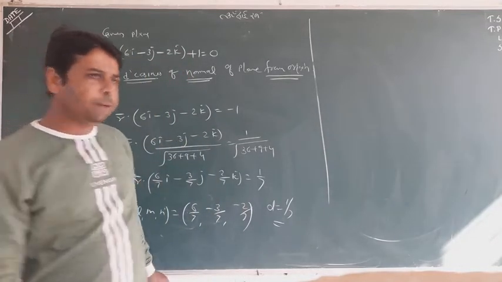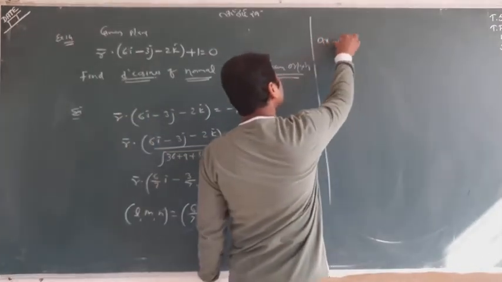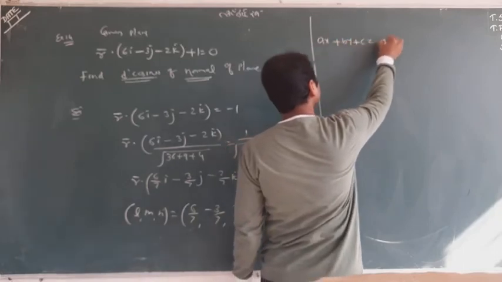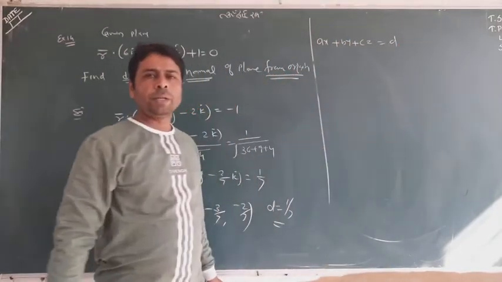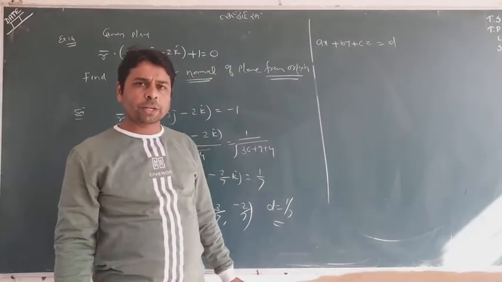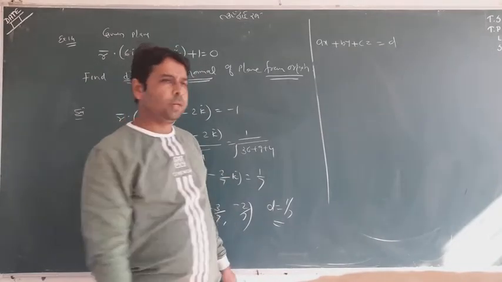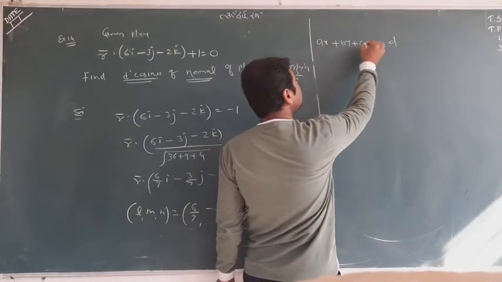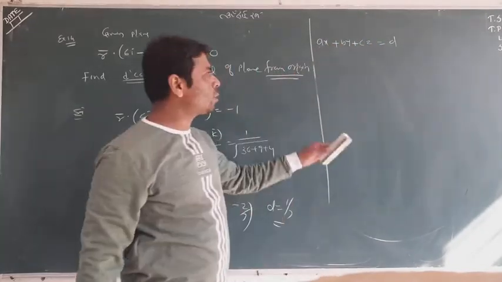Again I repeat one thing. Suppose this equation is given. I'm talking about the Cartesian equation in general form, where A, B, C are the ratios of the normal of the plane and D is a constant number.